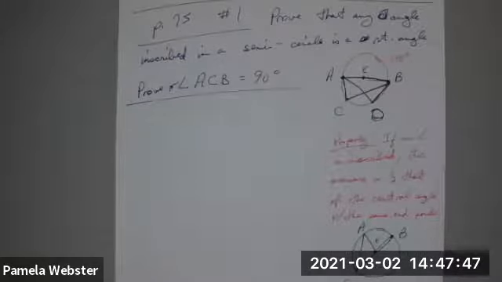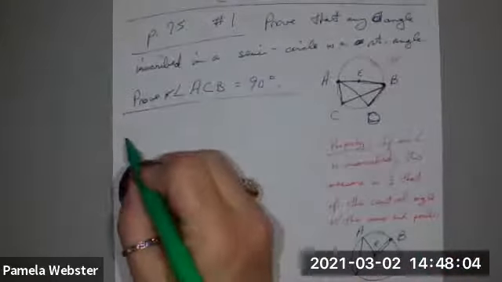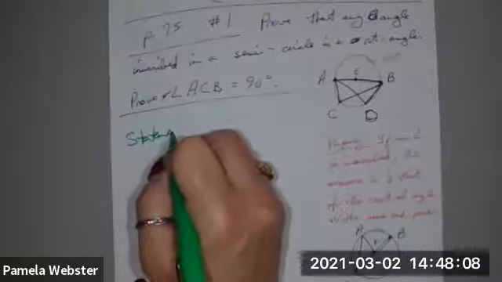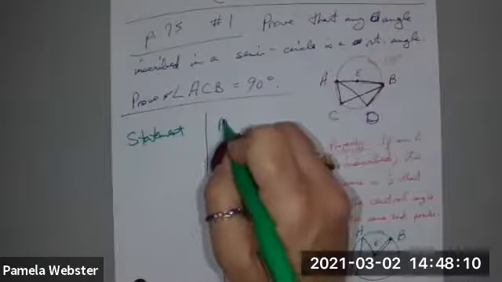So I can write up the paragraph proof or 2-column proof or, huh? Flowchart proof? No, I don't come up with a flowchart proof. Oh my gosh. 2-column. Okay, so statement and reason.